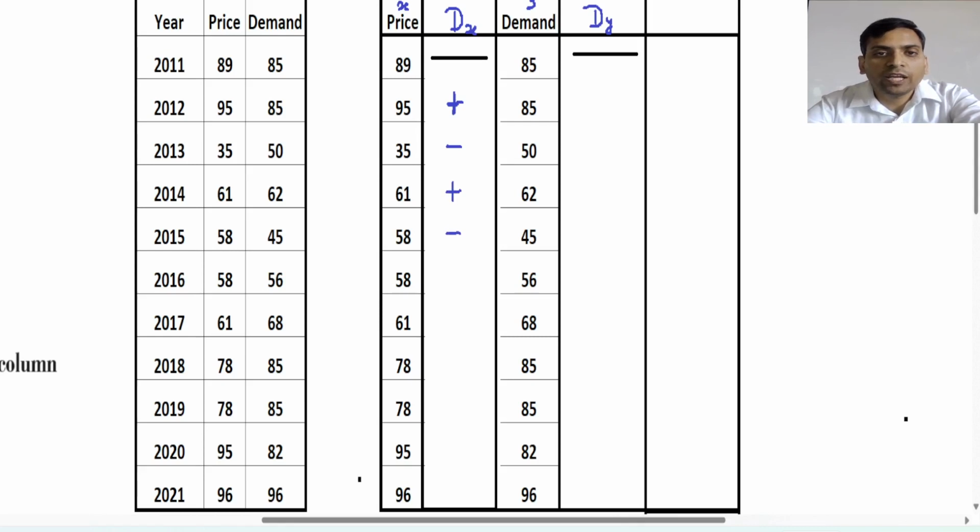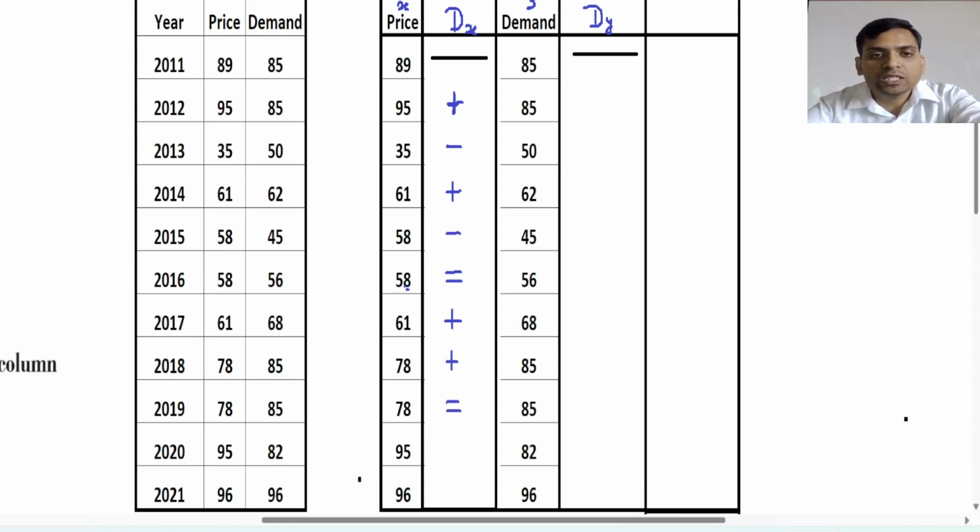Then from 58 to 58 there is no change, so no plus, no minus, we simply put an equal sign. Now 61 is increased with respect to 58, so we write plus. Again 78 increases, plus. 78 and 78, equal, no change.